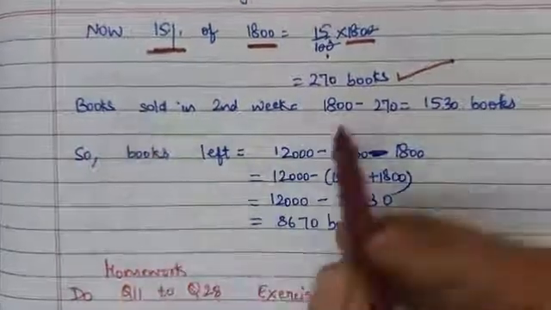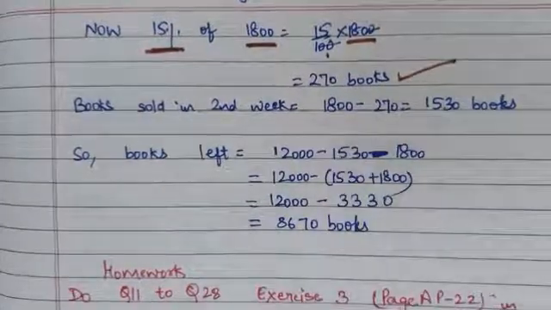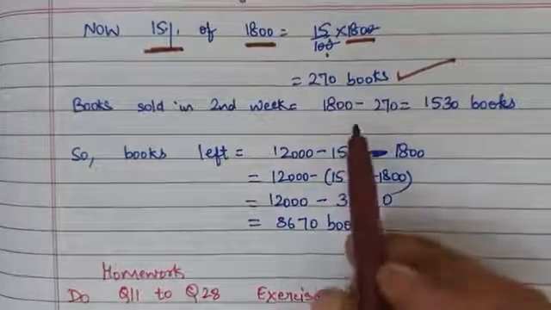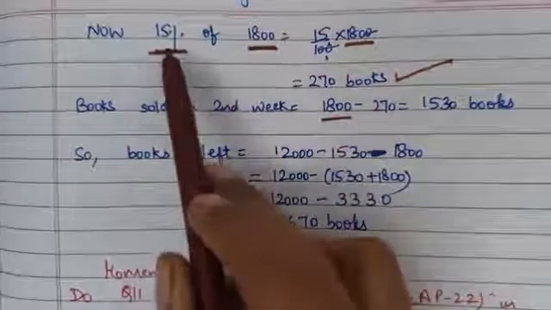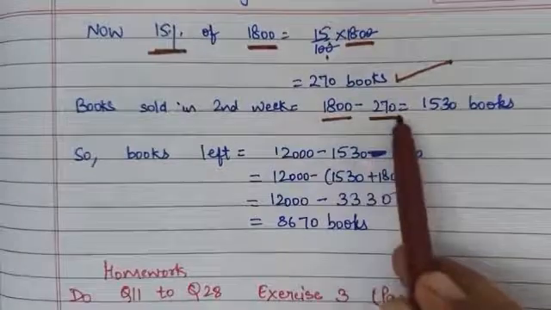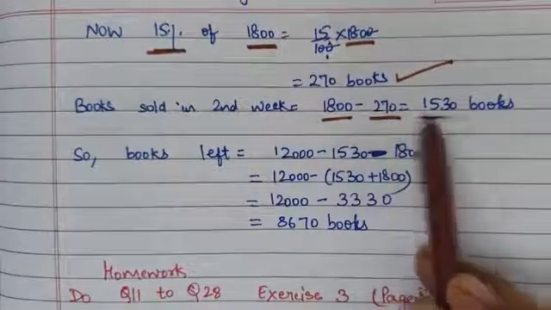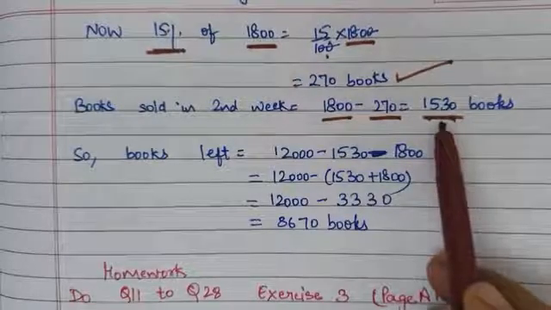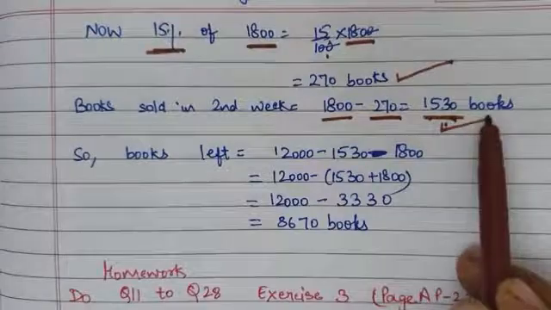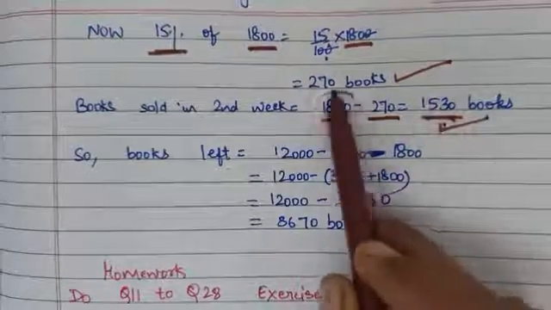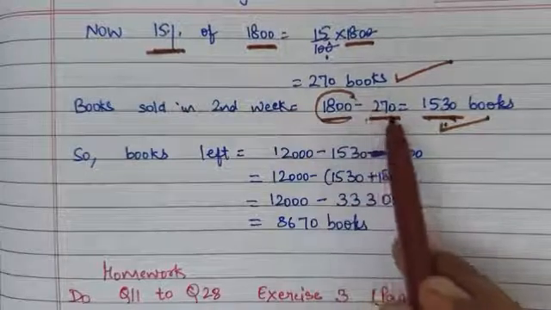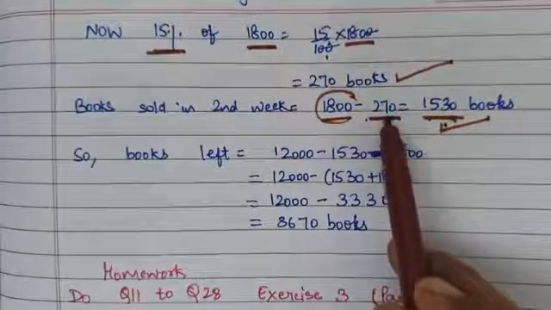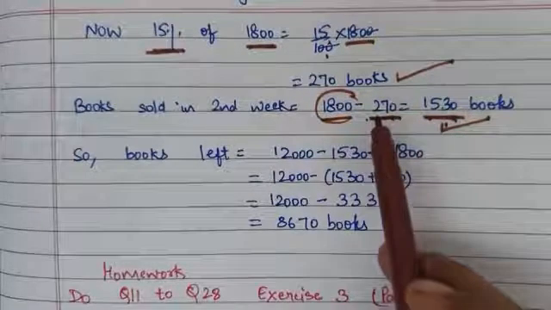Now, in the first week of April the books sold were 1800. So 1800 minus 15% of 1800 will be the books sold in the second week of April, because the question said 15% fewer books were sold.